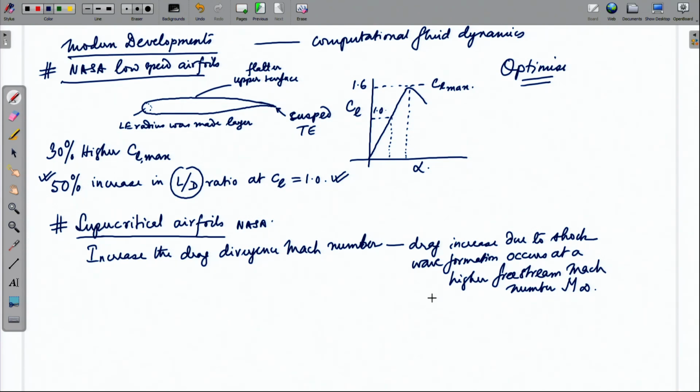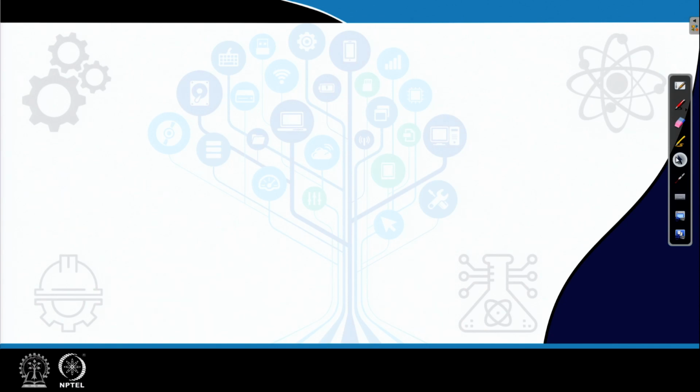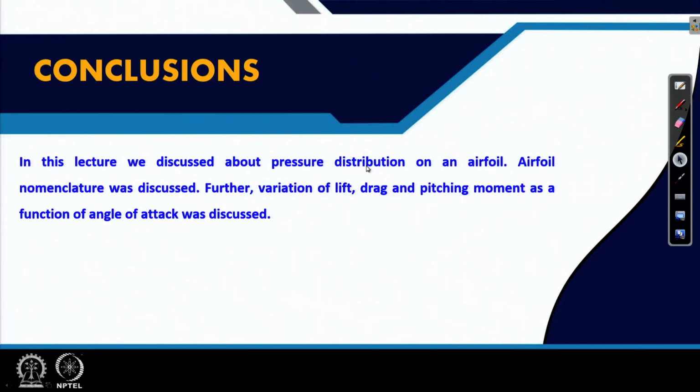and we will discuss more on airfoil characteristics. Apart from CL alpha curve, we will also look at the variation of drag with angle of attack or variation of pitching moment with angle of attack subsequently.